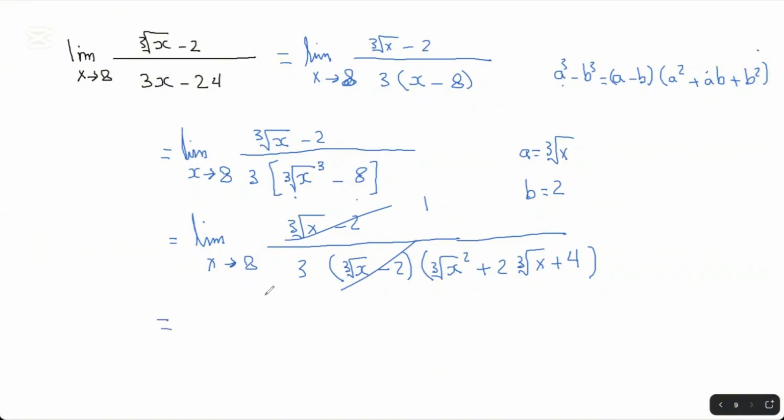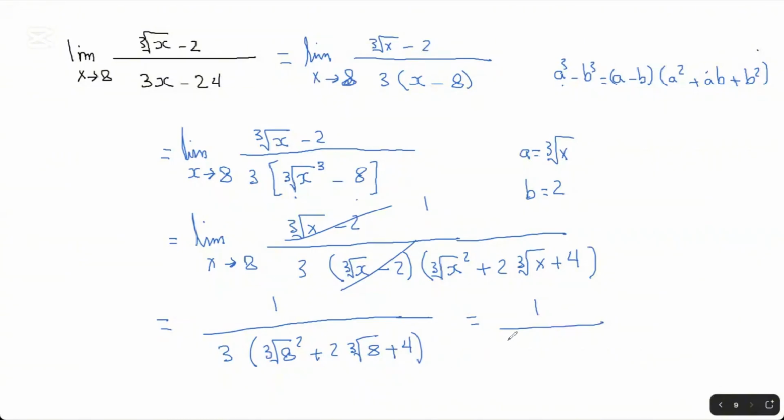So now you could start putting the 8 into the x's there. So you'll have 1 over the 3 times the cube root of 8 squared plus 2 times the cube root of 8 plus 4, which gives me 1 over 3.